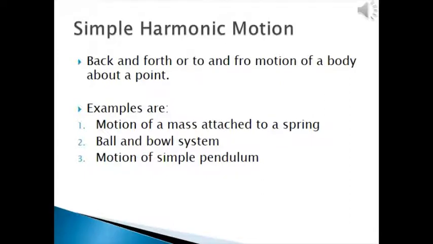The same thing we will discuss, and we say that a special kind of vibratory or oscillatory motion is known as simple harmonic motion. The examples which we are going to discuss in this chapter are motion of a mass attached to a spring, ball and bowl system, and motion of a simple pendulum.